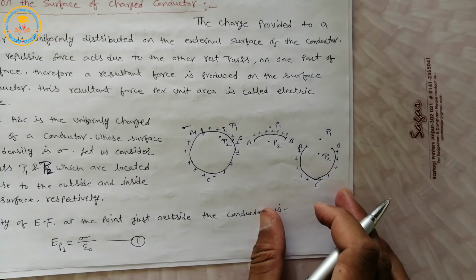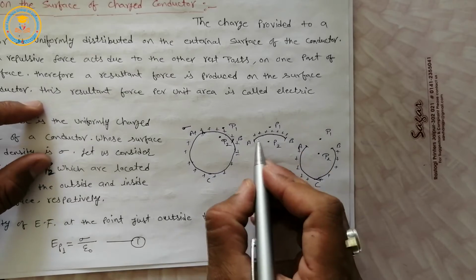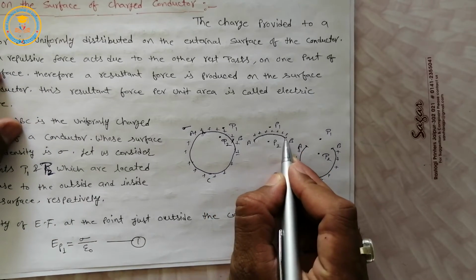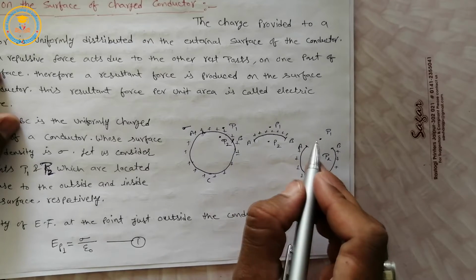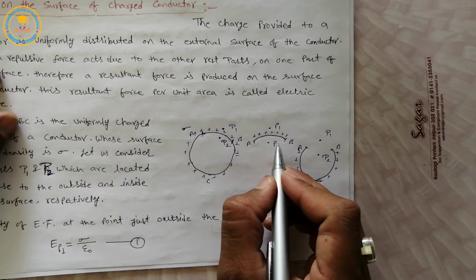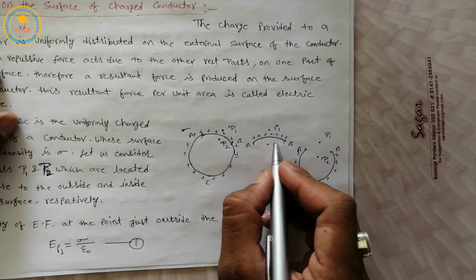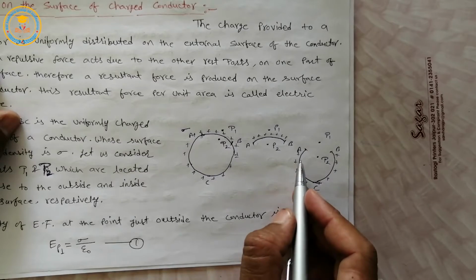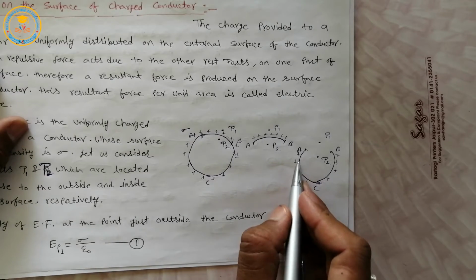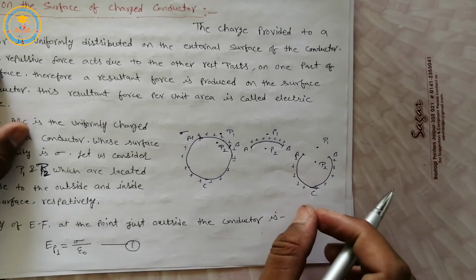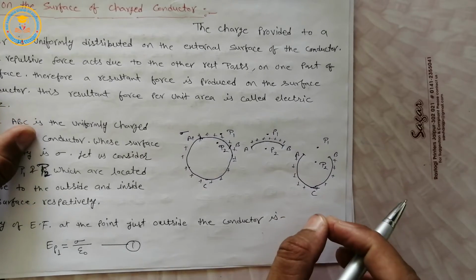Suppose the electric field intensity due to this element AB at any point is denoted by E1 vector, and the electric field intensity due to this ACB part at any point is represented by E2 vector.